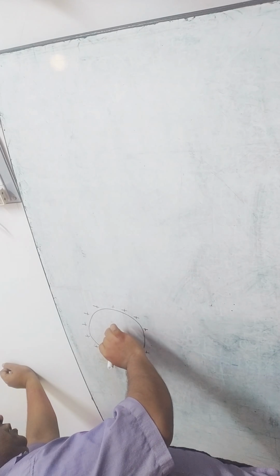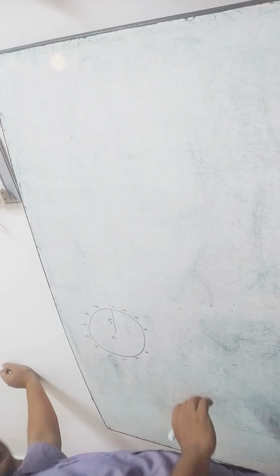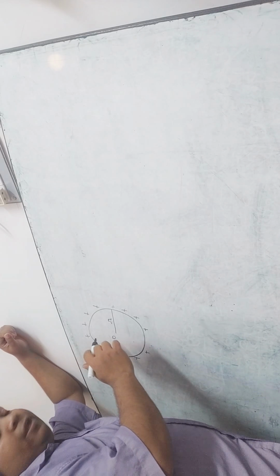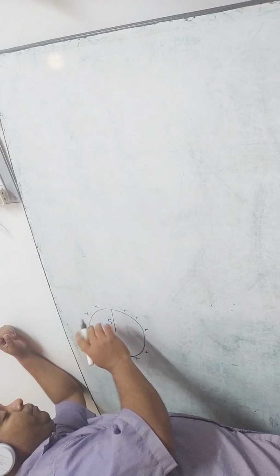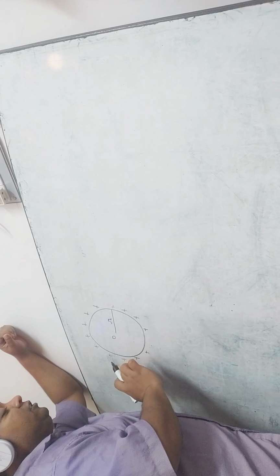This is a uniformly charged hollow sphere whose radius is r. And we have to find out the electric field at the point P. Now P may be on the surface of the sphere, or P may be inside the sphere, or P may be outside the sphere.